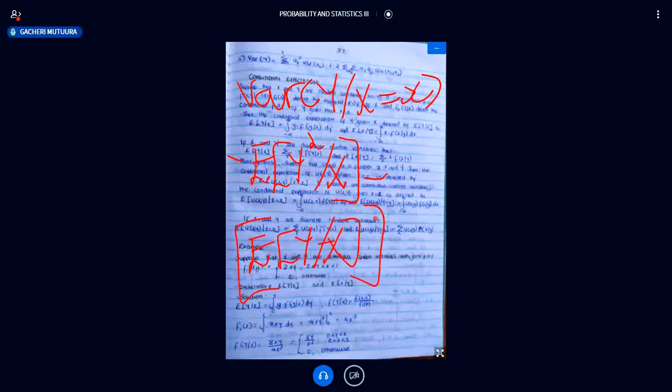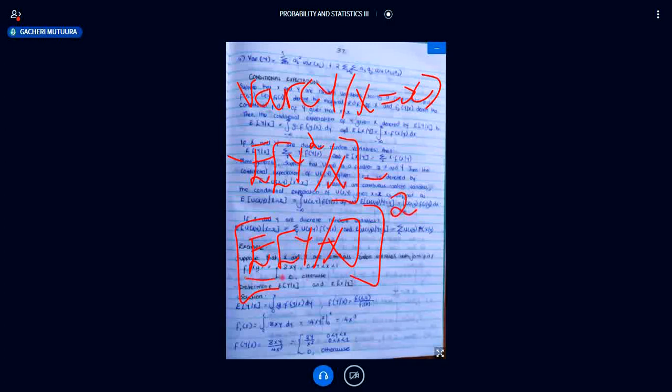For the conditional variance, if you're asked for the variance of y given x, say x is equal to some value x, of course you'll be given. This is the same as taking the expected value of y squared given x, minus the conditional expectation of y given x, all this squared.